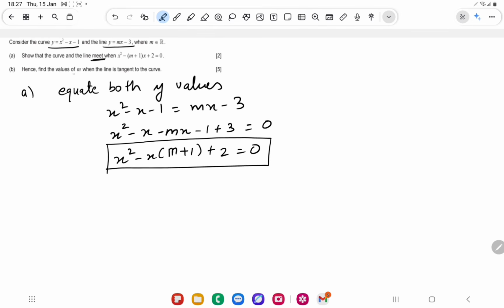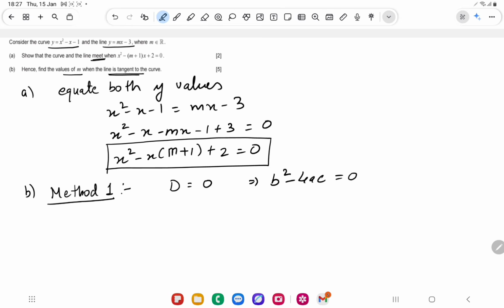Now for B part it says find the values of m where the line is tangent to the curve. Now there are two methods to solve this equation. I will solve by both the methods. So in method 1 I can use my discriminant formula, which should be equals to 0, means b square minus 4ac should be equals to 0. Now b value is minus (m plus 1), a is 1, c is 2.